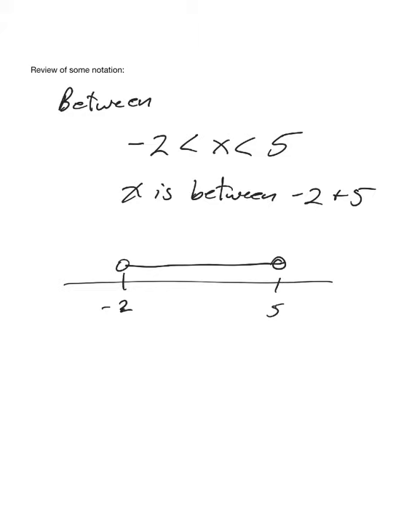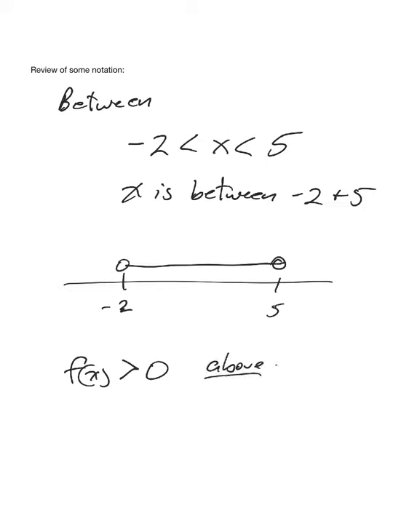The other thing in the reading that was somewhat confusing is this: when f of x is greater than 0. F of x is the y value. When f of x is greater than 0, basically that means above the x-axis.